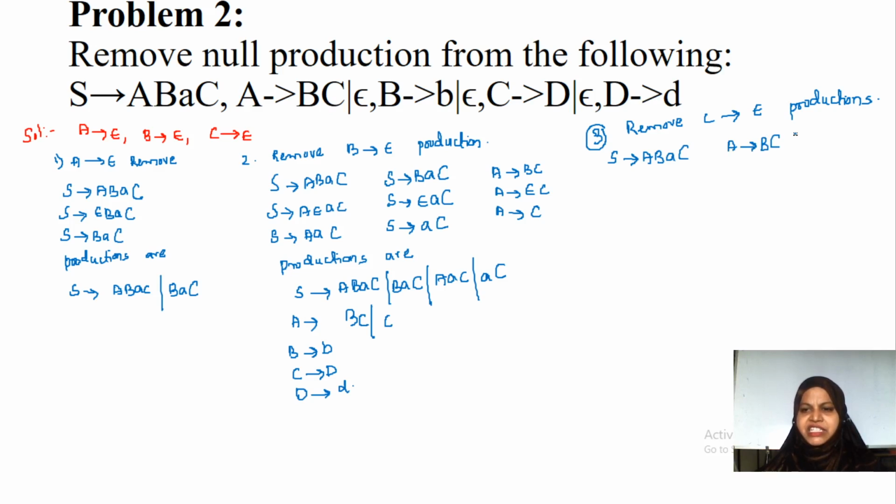B tends to B is there, C tends to D is there, D tends to D is there, no need of this one. So S tends to A, B, A epsilon, S tends to A, B, A tends to B epsilon, A tends to B, right? After removing this one, productions are S tends to A, B, A, C.